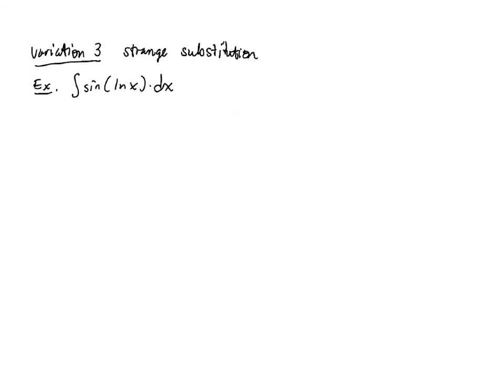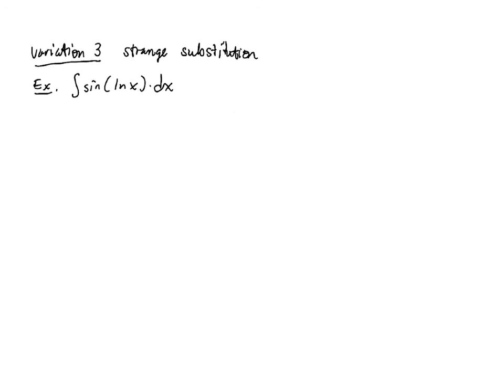Now it may be here that using the first technique, the variation number 1 technique that we used previously, will work in order to also evaluate this integral. I want to use the strange substitution method. There's not an obvious substitution that works here, right?